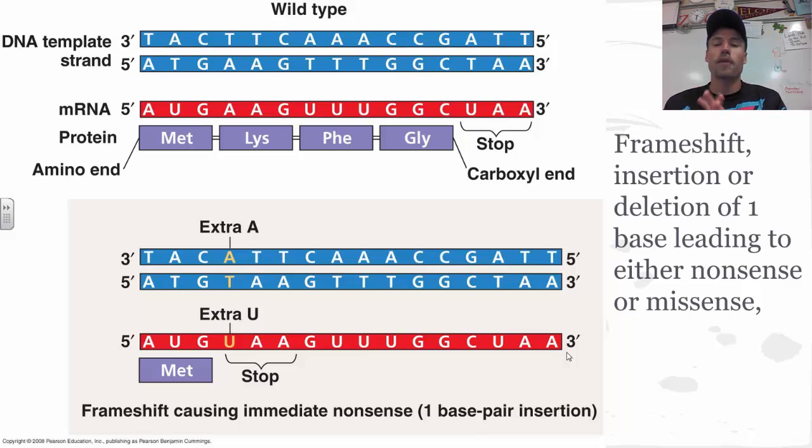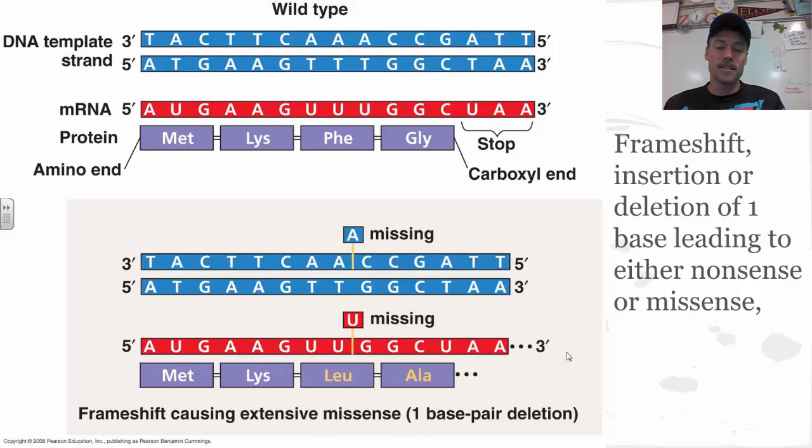When that reading frame gets shifted over, it can lead to either a nonsense mutation where no protein is produced, or we can get a missense mutation where the stop codon never gets placed in. Therefore, the protein just keeps on going and going, and we end up with a huge protein that can't do anything. But those are caused by frame shift mutations, where either an addition or a deletion of one base leads to lots and lots of problems downstream of that insertion or deletion.